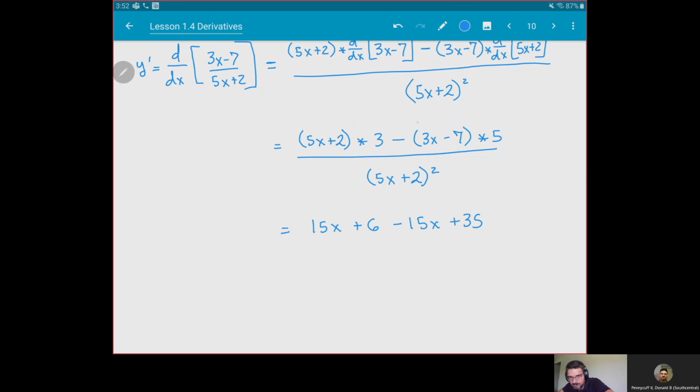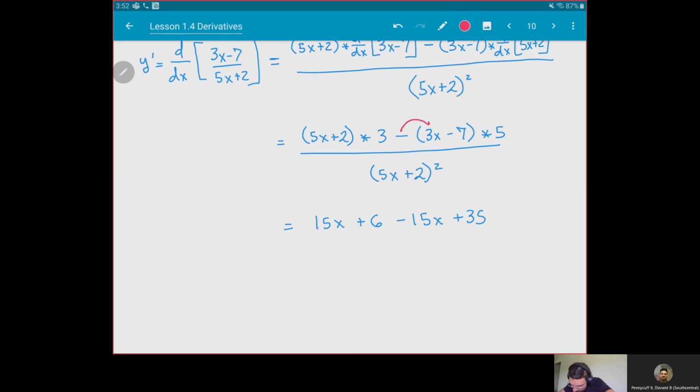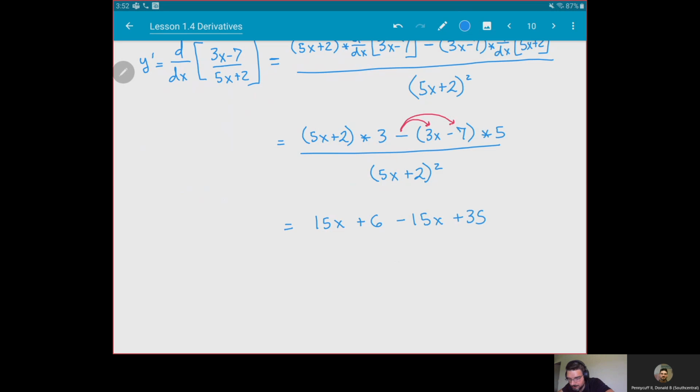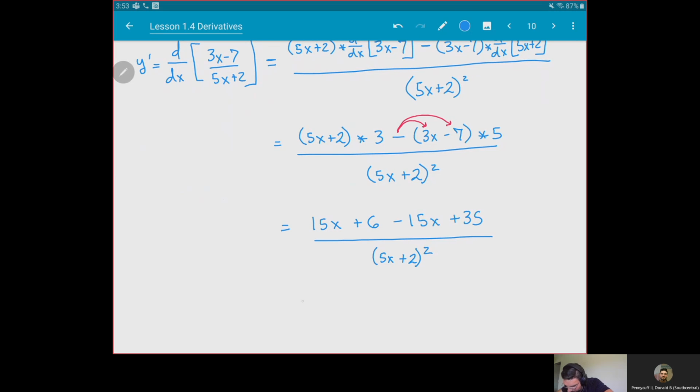So you really want to be careful and distribute that subtraction sign. Okay, so let me do that in red. So take this and goes here and here. Okay, if someone has an incorrect answer for a quotient rule problem, the first place I look is that spot right there, the number at the end, to see if that subtraction sign was multiplied through correctly. I can reduce the top, and that gives me 41 over 5x plus 2.